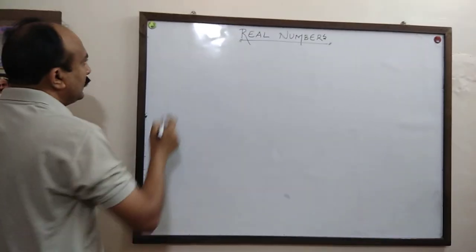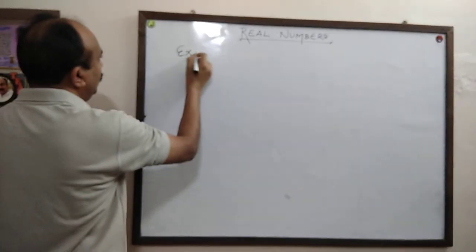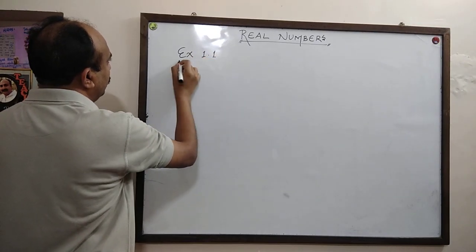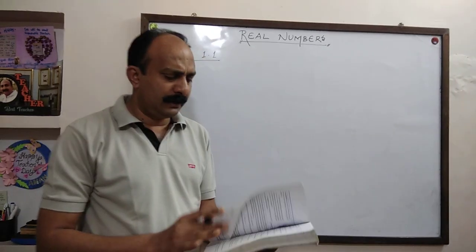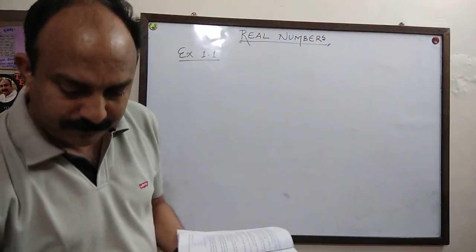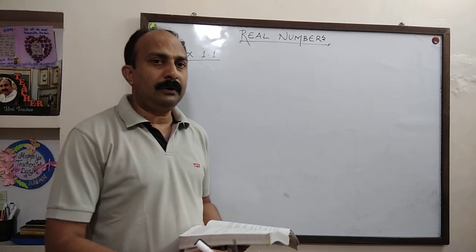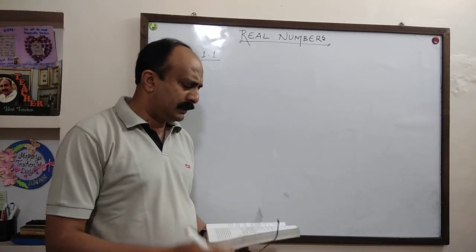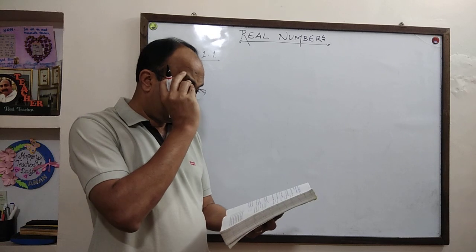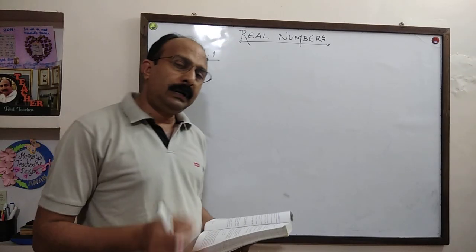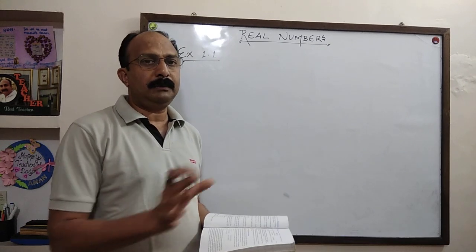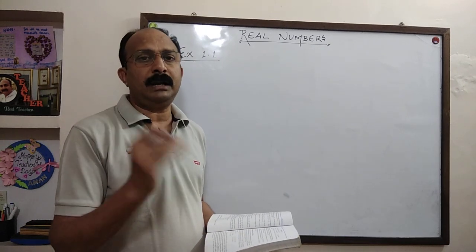So, along with that, I am doing exercise 1.1, question number 1. And question number 1 of exercise 1.1 is, use Euclid's division algorithm. Euclid's division algorithm is nothing but the statement of Euclid's division lemma.